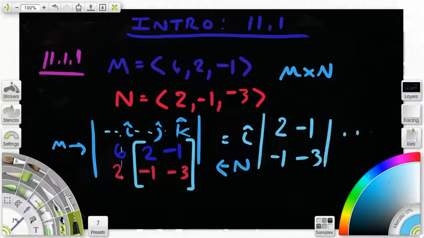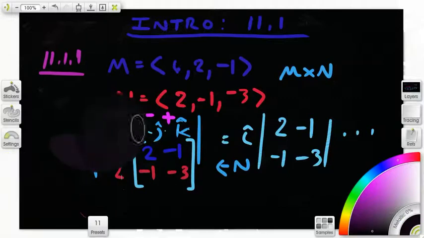And we continue to do this for i, j, and k, and also may I remind you that we have this checkerboard pattern of plus, minus, and plus when we do this determinant expansion, okay? All right. So let's see if we can clear this and then move on to 11.1.2.